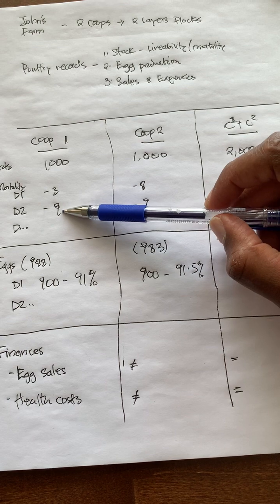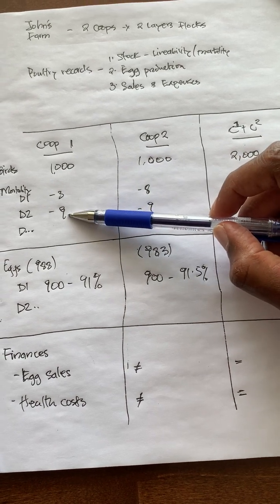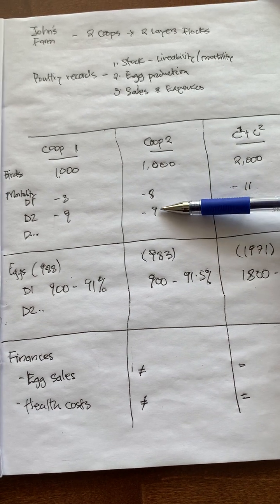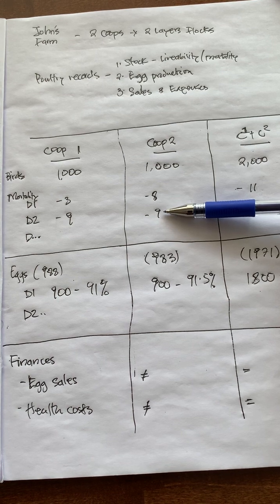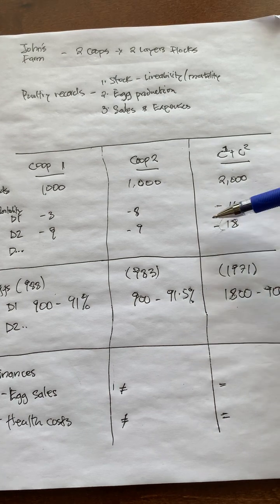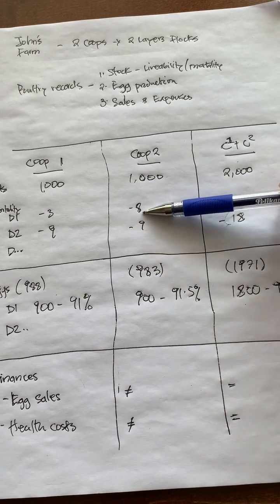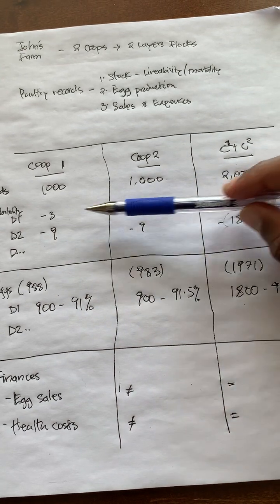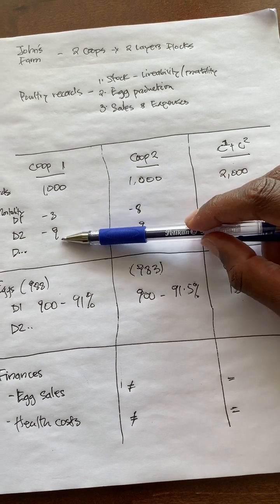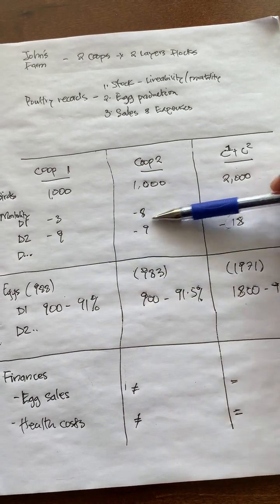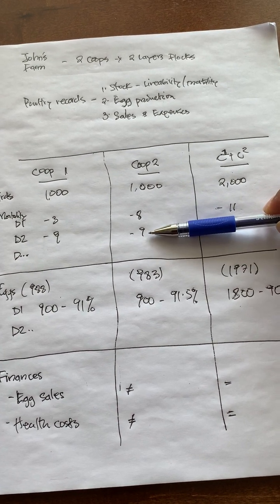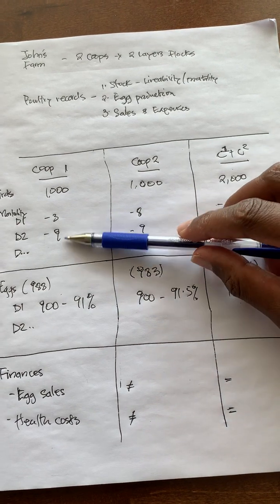And let's say that indeed in day 2 there was another 9 deaths in this coop, and in day 2 again in coop 2 there was another 9 deaths, and that will say in day 2 there was 18. But now the problem is, for example, in the first day we can see there's a huge difference between the mortality, and then in day 2 in coop 1 we can see it went up by a huge margin, and in this coop it changed, but not with as big a margin as in coop 1.